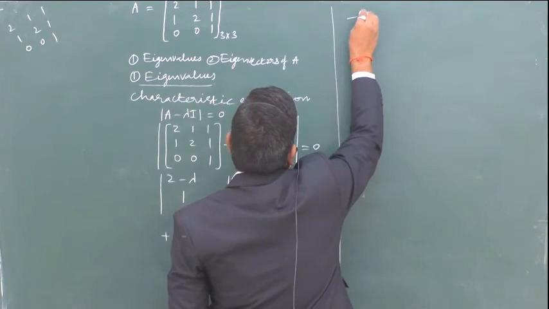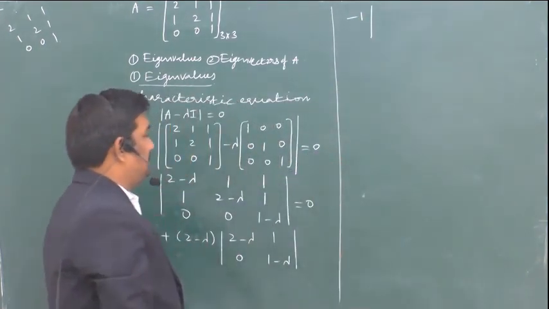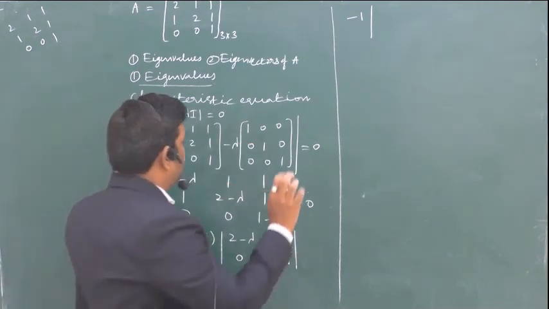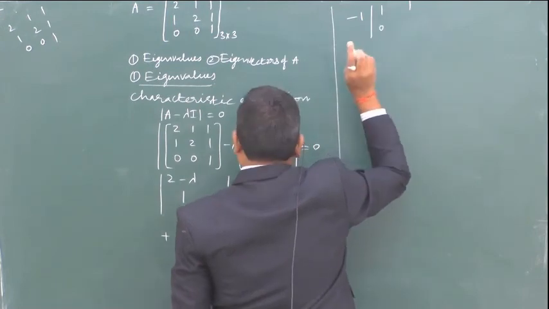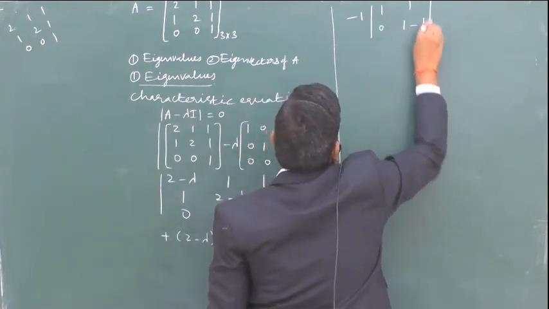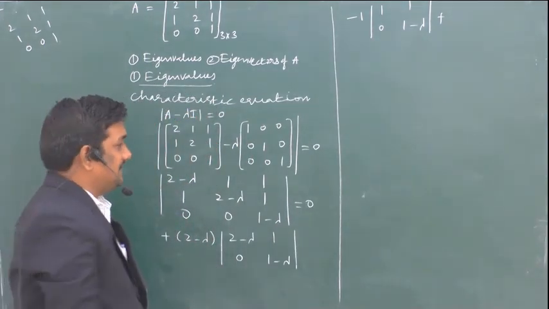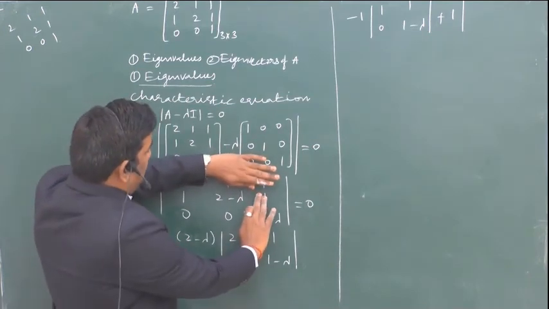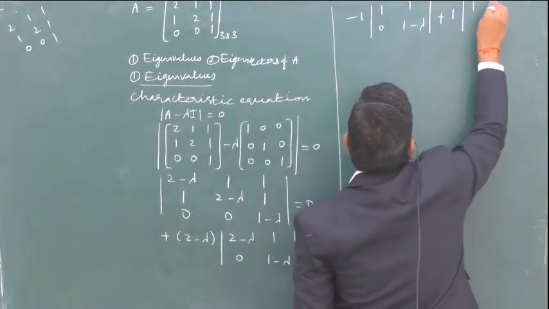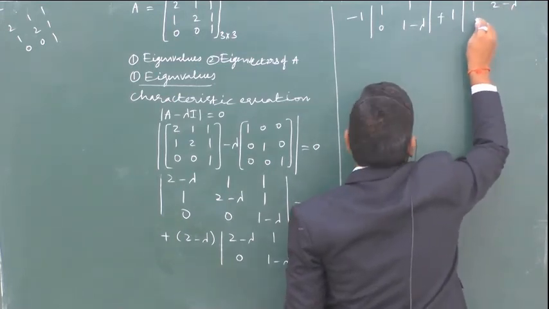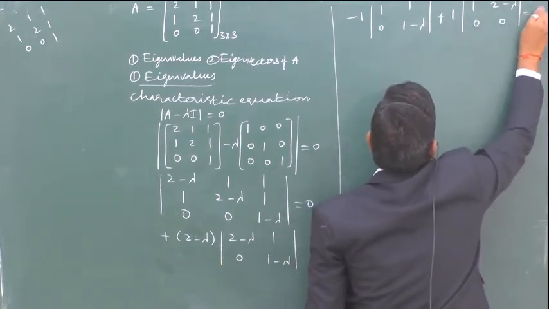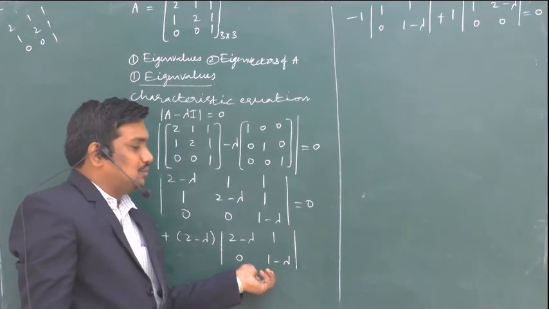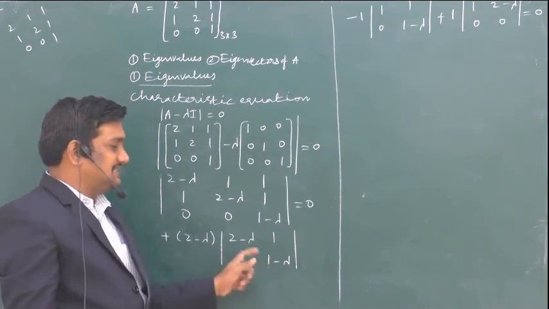Continuation, minus 1 into the determinant of, now you close row 1 and column 2, the coefficients are 1, 1, 0, 1 minus lambda, then plus 1 into, now you close row 1 and column 3, the coefficients are 1, 2 minus lambda, 0, 0, equals 0. Okay, now it is a 2 by 2 determinant. The answer is AD minus BC.